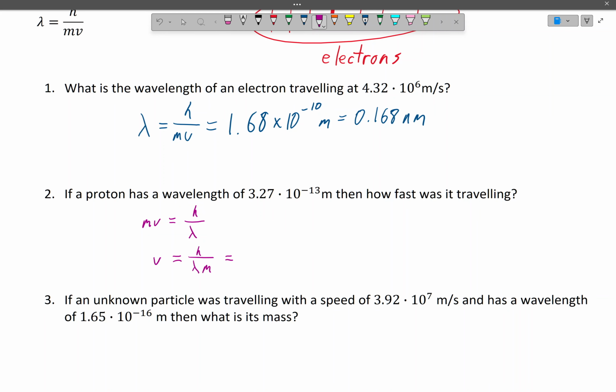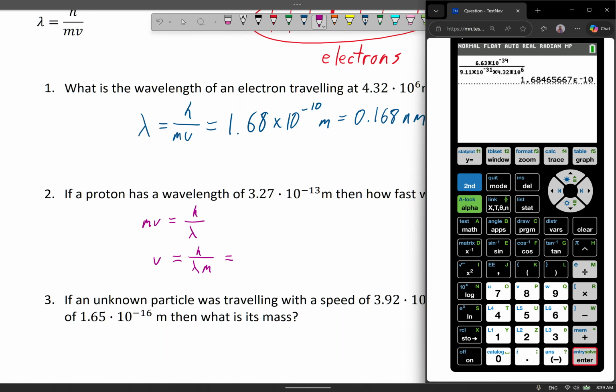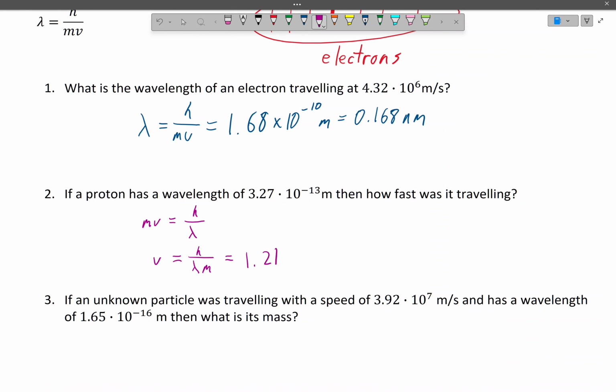And we're going to plug it back into our calculator. All right, and we get this value: 1.21 times 10 to the 6 meters per second.